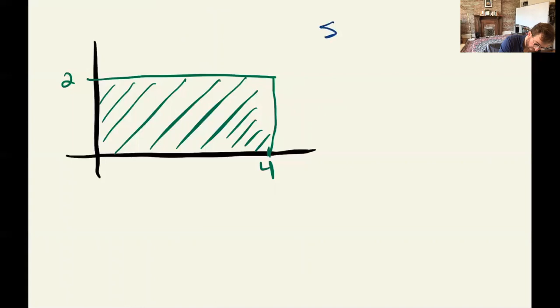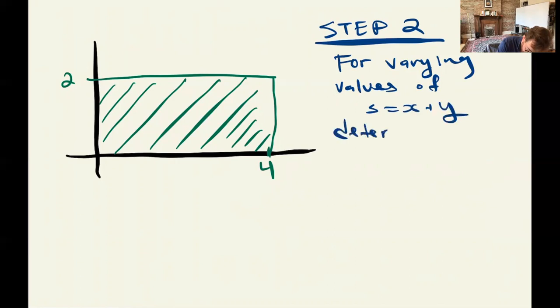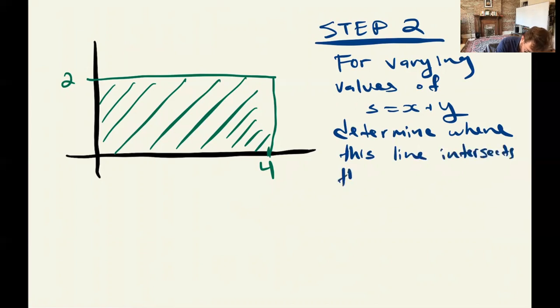So step 2 is for varying values of little s equals little x plus little y, where this line intersects the support of my JDF.